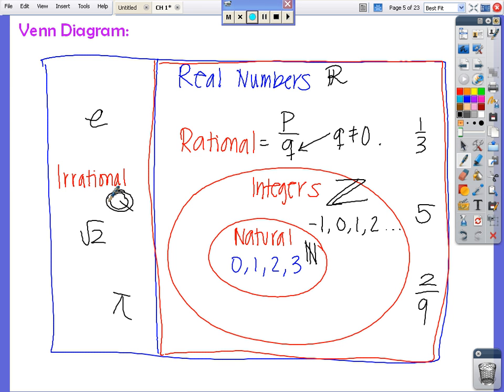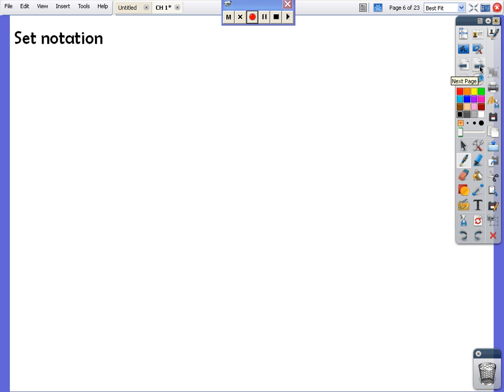All right, so moving on, we have set notation. I think the only thing that I really want to go over with you are this guy, and this guy.